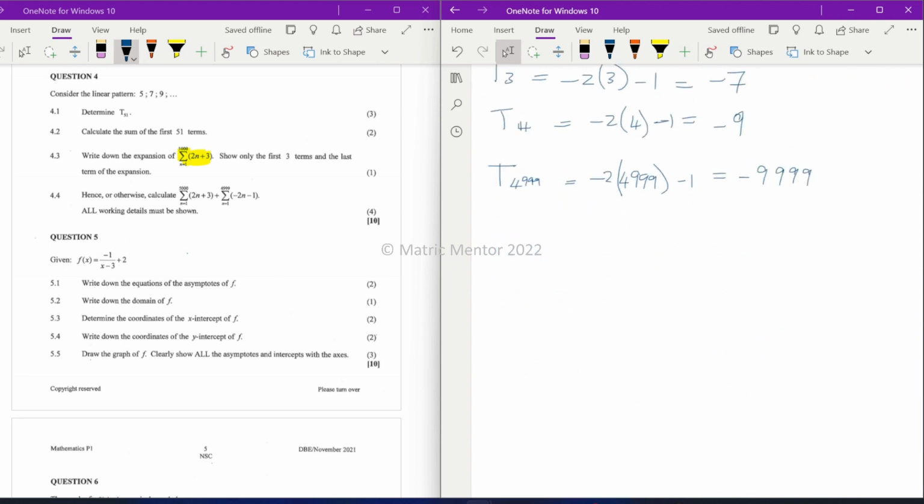We can write the first series on top here, which is 5 plus 7 plus 9 plus all the way up to 10,003. Then the second series we can write below it, which is -3, -5, -7, -9, all the way up until -9,999.